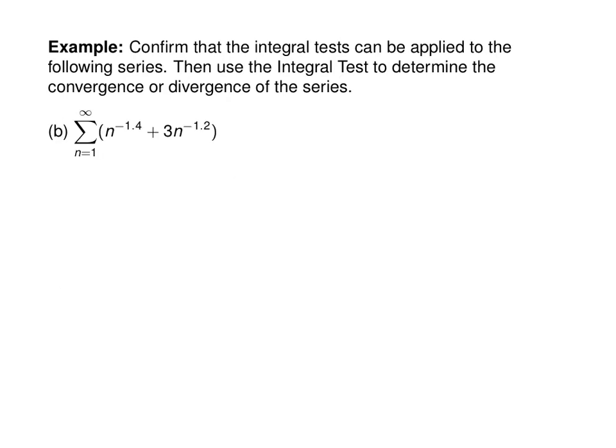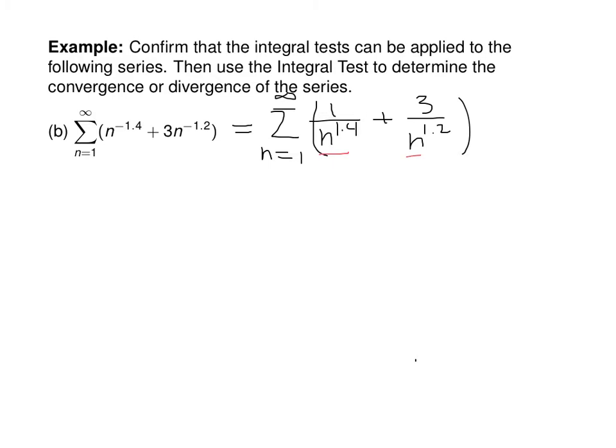Also recall that we could test for convergence of p-series without having to actually apply the integral test. So for this particular sum, I can rewrite this as a sum from n equals 1 to infinity of 1 over n to the 1.4 plus 3 over n to the 1.2.